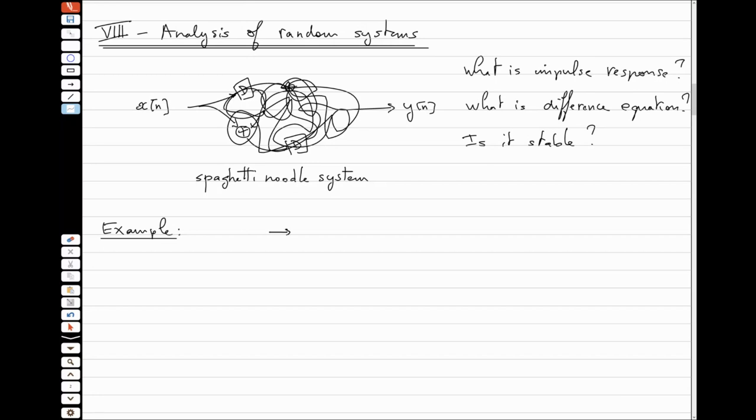Suppose you input your sequence into an LTI system of impulse response f of n. And suppose this is a very complicated system with maybe some of the forms, direct form 1, 2, cascade, parallel. But to give you some headaches, I'm going to put a feedback, and within the feedback I put another crazy LTI system.